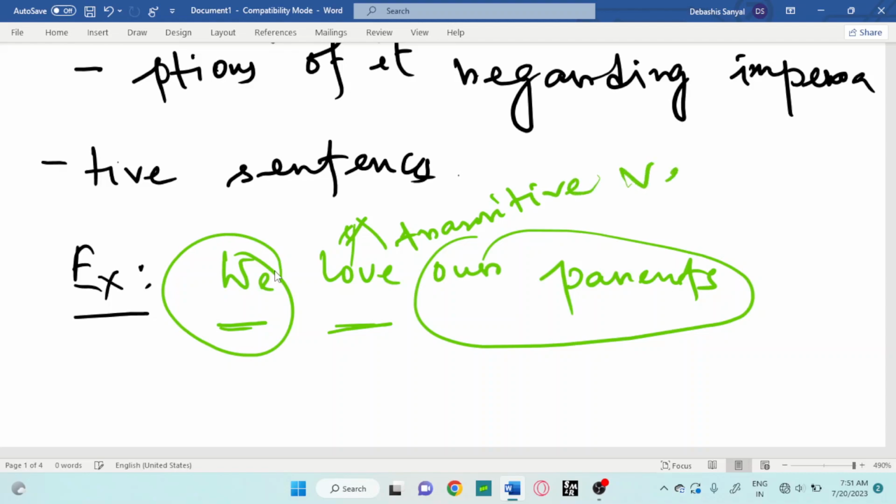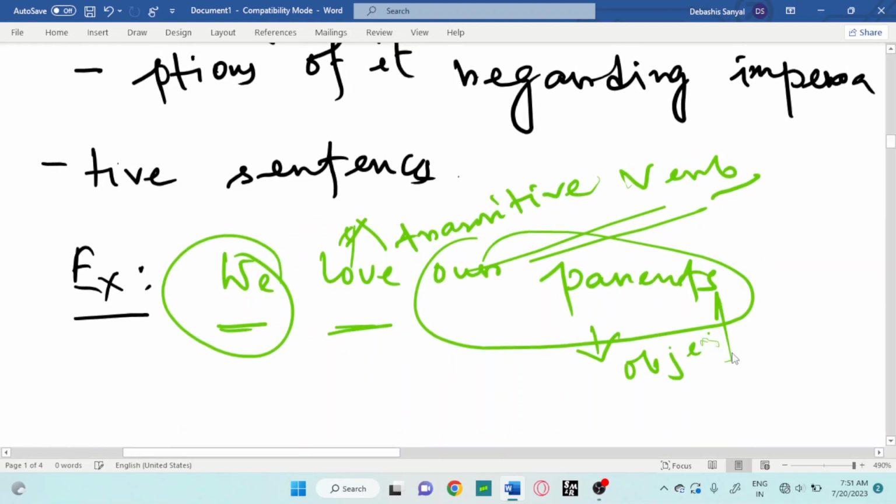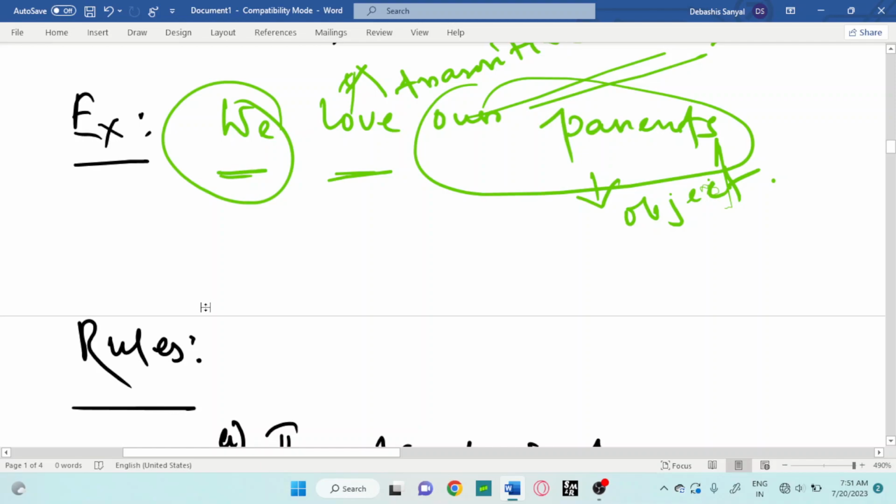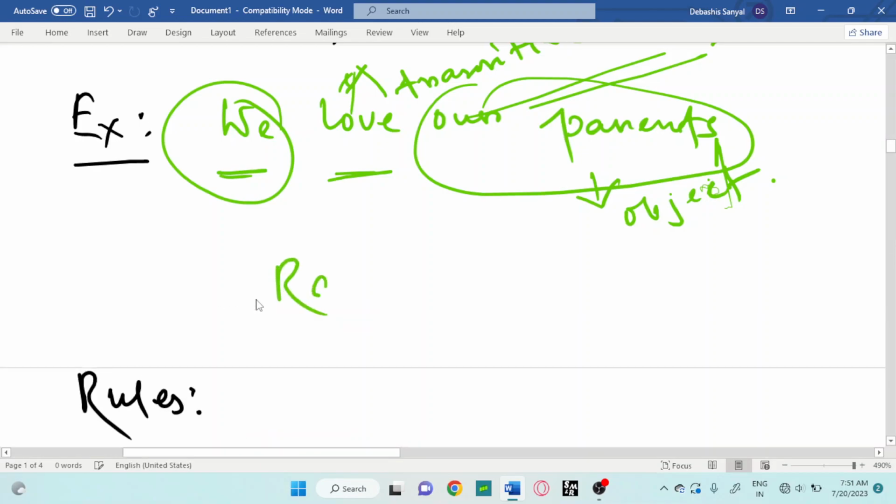That means transitive verbs always have an object. But on the other hand, intransitive verbs have no object. For example, Roman smiles.